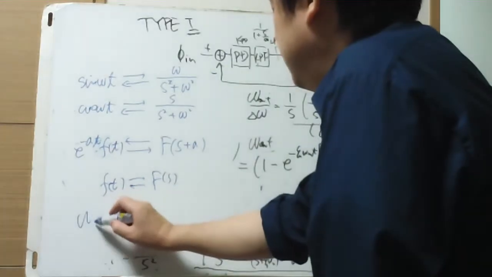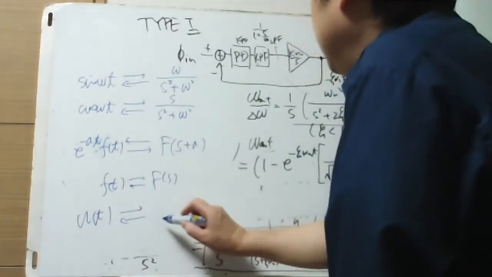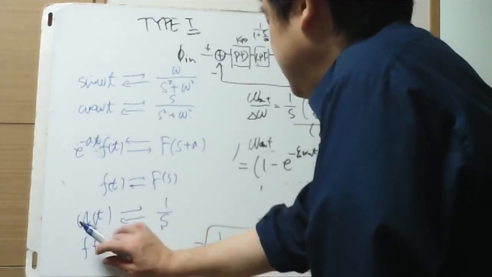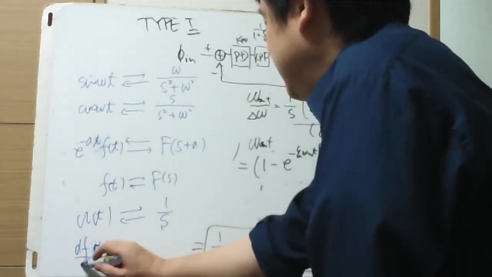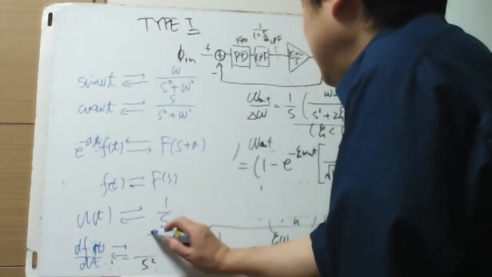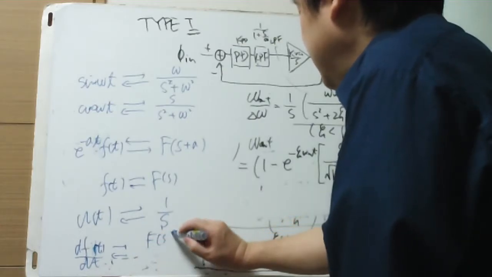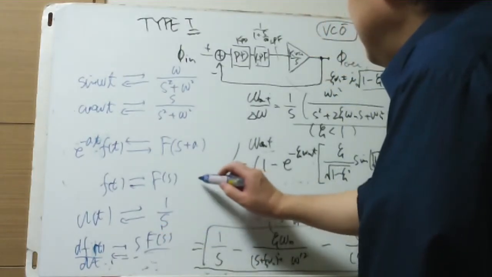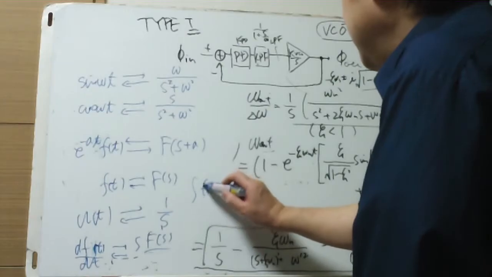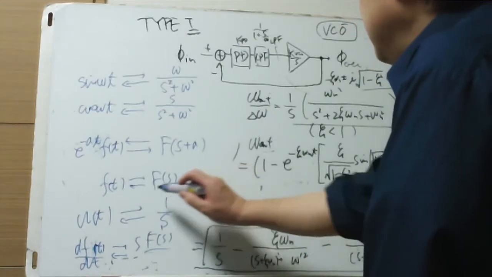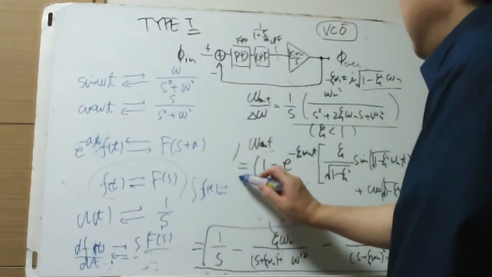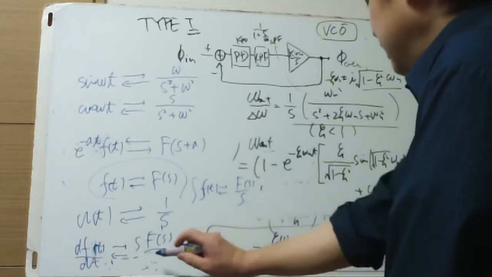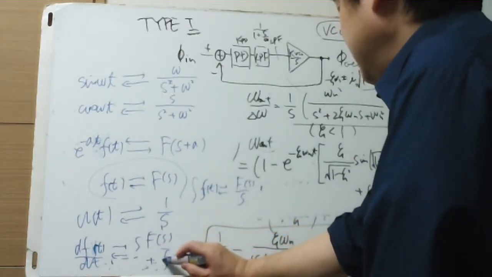And if the unit function is transferred, which is 1 over s, and F(s) is f(t), df/dt transfer function equals F(s) divided by s, and the integral of f(t) is F(s) over s, plus f(0).